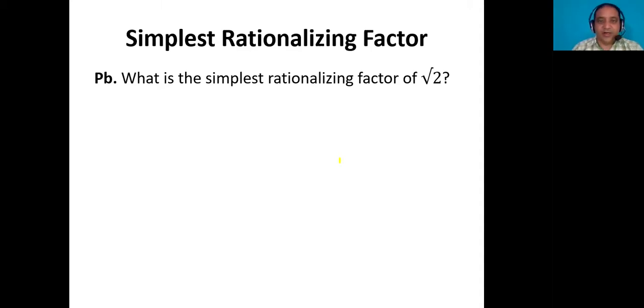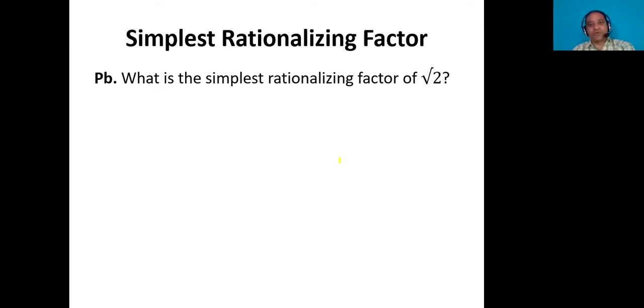Or you can understand, we want to rationalize square root 2. So in that case, we have to multiply square root 2 with something. So the question can be, with what number we should multiply square root 2 so that it is a rational number. All right. So let us see how to find it.